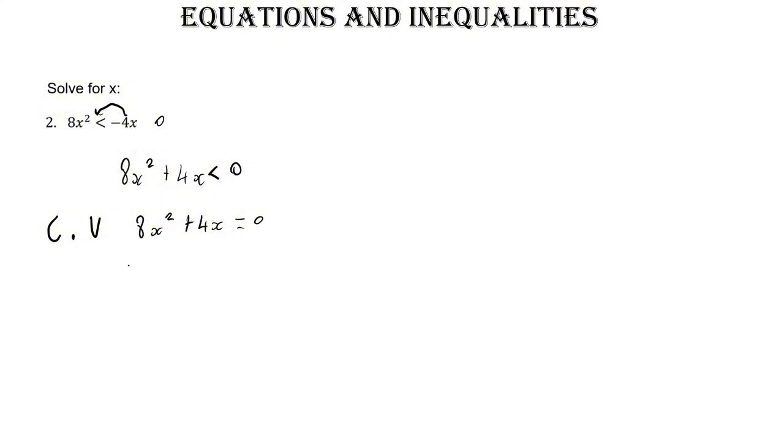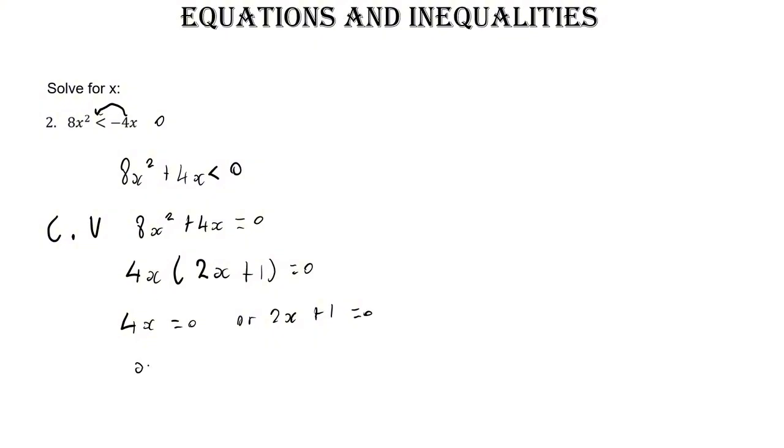Then you can factor out. We can take out a 4x as a common factor because when we divide 8x squared by 4x, we're going to get 2x. And when we divide 4x by 4x, we're going to get 1. So 4x times 2x plus 1 is equals to 0. Apply the zero factor law. 4x is equals to 0, or 2x plus 1 is equals to 0.